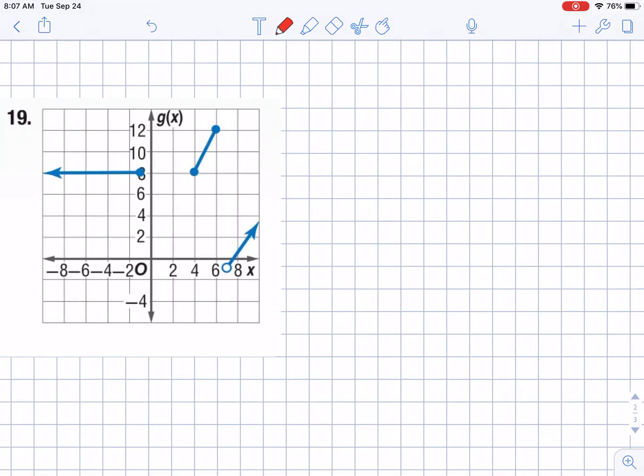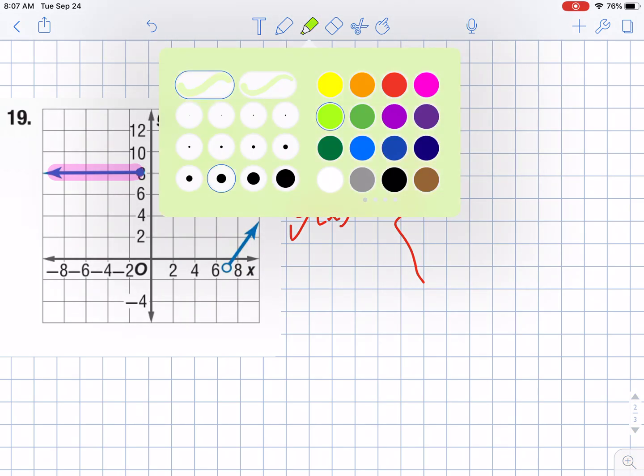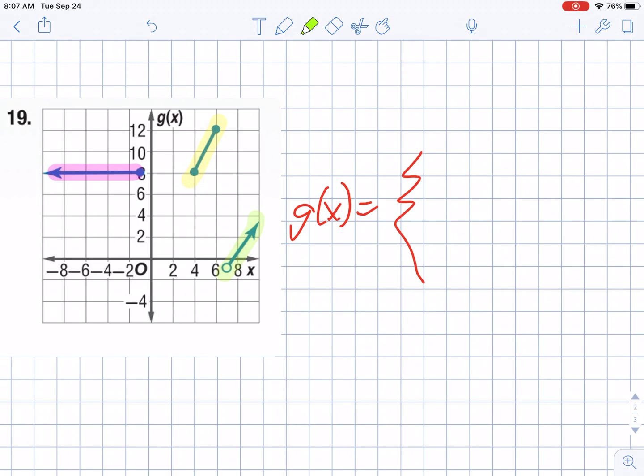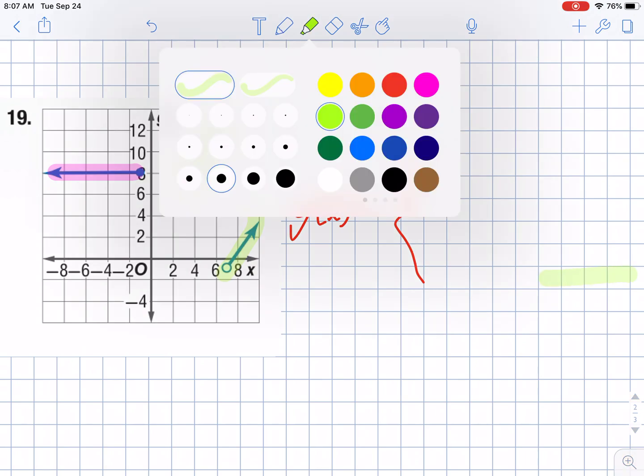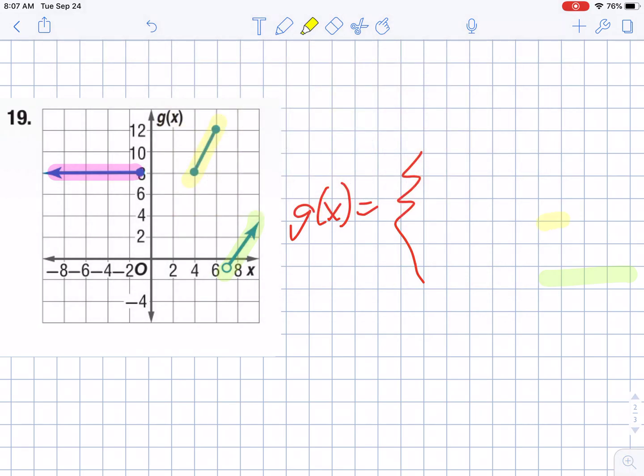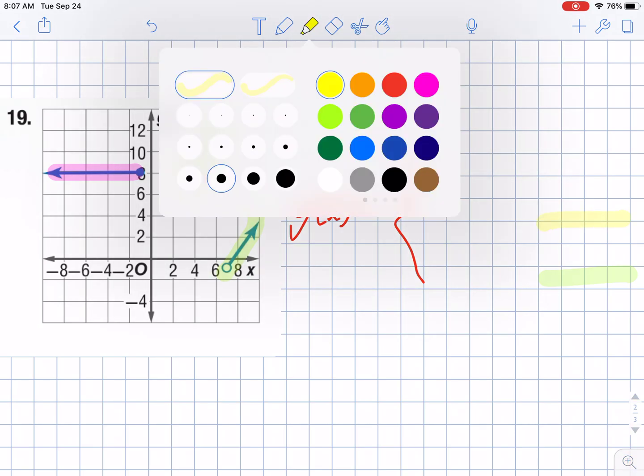First off, again, I've got g of x equals, and I'm going to have my three conditions. These actually aren't too bad. All right, so for the pink one, let's go green, yellow, pink.